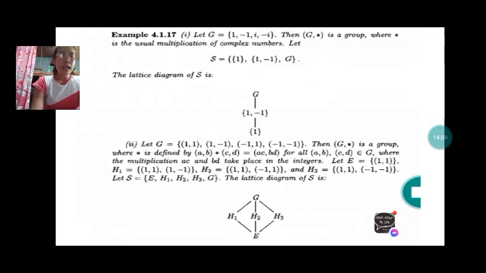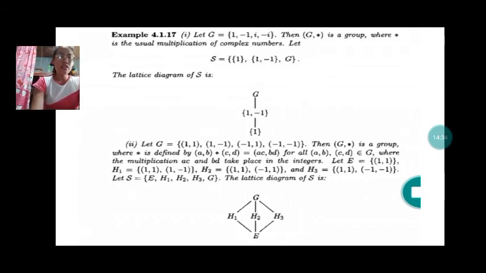Let E be the set of ordered pair (1, 1). Let H sub 1 be the set of (1, 1) and (1, -1). H sub 2 is the set of (1, 1) and (-1, 1).